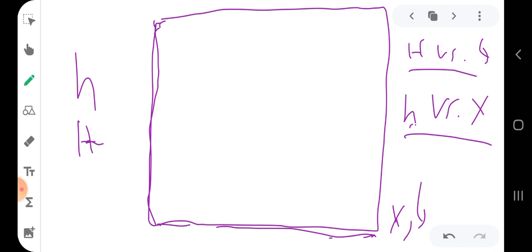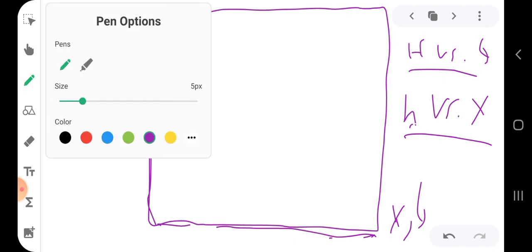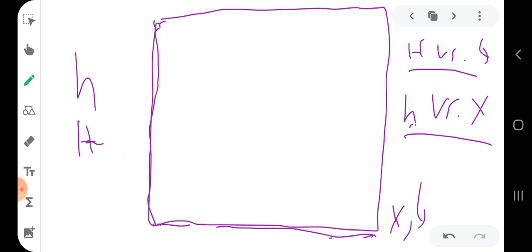But we will have two lines, and each line represents a different thing. One line for capital H versus Y, the second line for small h versus X. So here, the scale will be from 0 to 1 because it's a composition. It is a mole fraction. And you need to choose a suitable scale for the enthalpy.